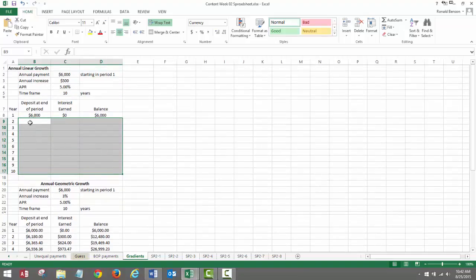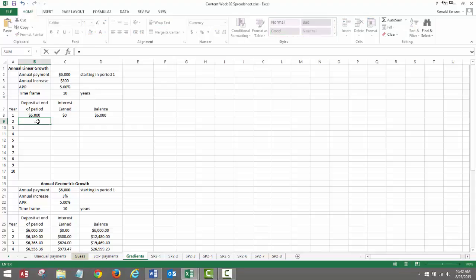6,000 beginning in period 1. Deposit at the end of the period is 6,000. So the deposit at the end of year 2 would be that cell, B8, plus the annual increase, which is in C3.